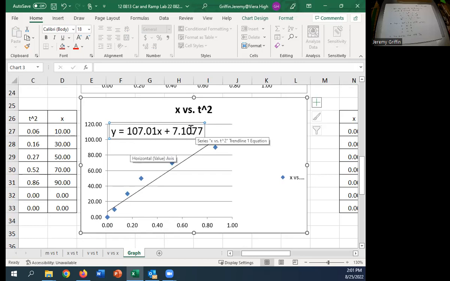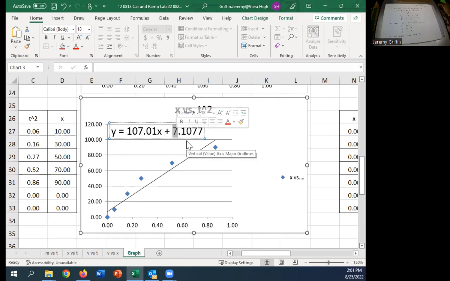You guys see that? But that plus b, that plus 7, isn't that really just like the error of missing the origin? It should really just be plus 0, shouldn't it? So we're going to throw out the plus 7, you can see visually it just barely misses the origin. It should go through the origin, right? We're going to focus on the rest of that, the y equals 107x part.